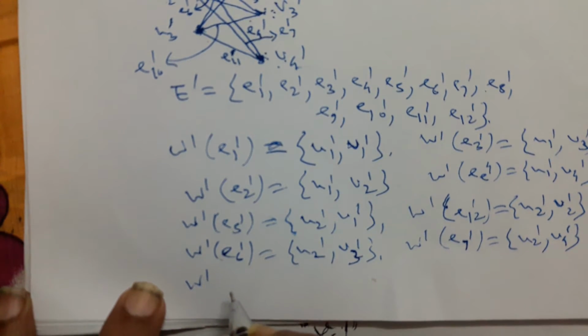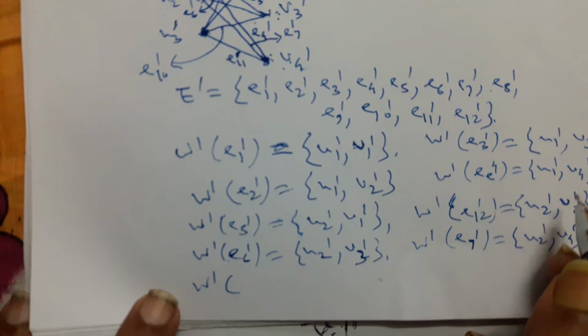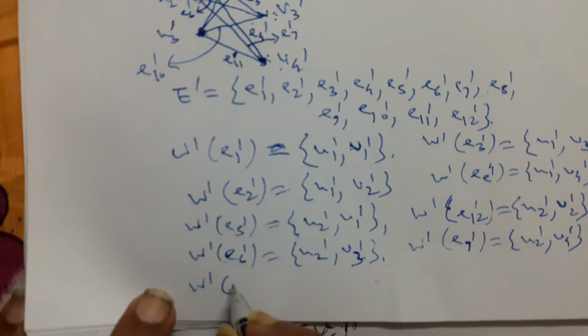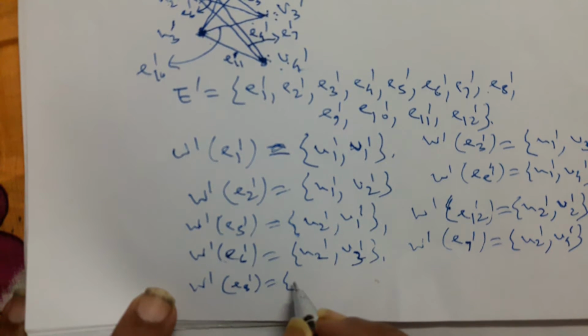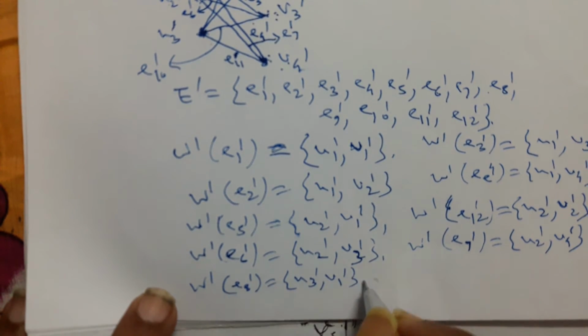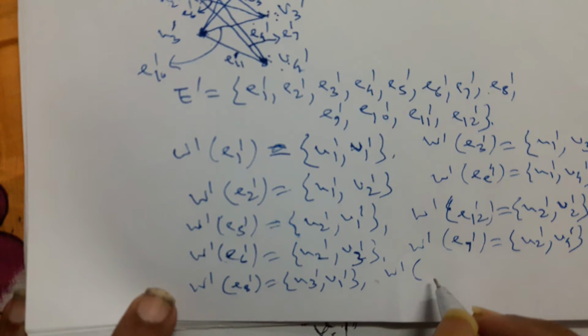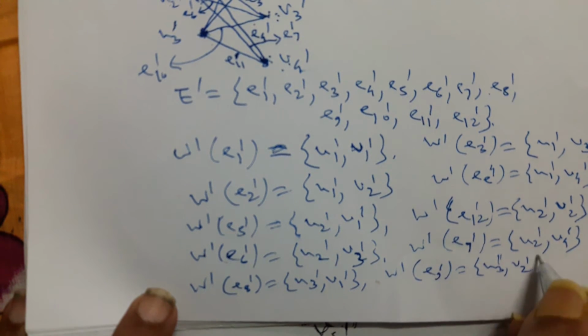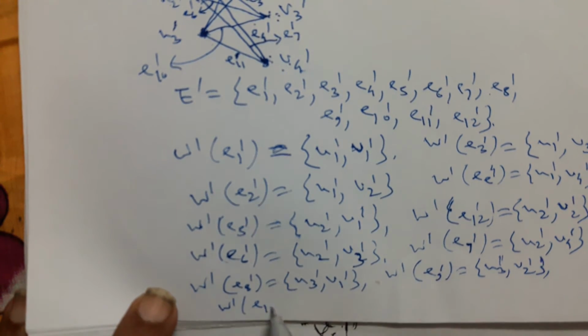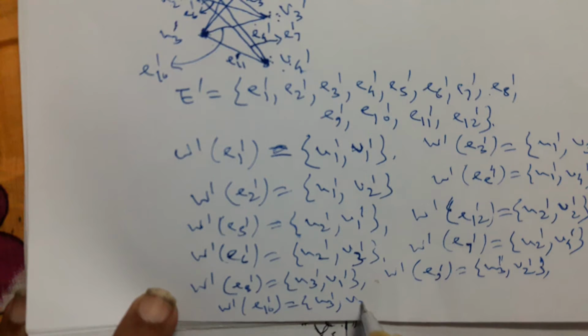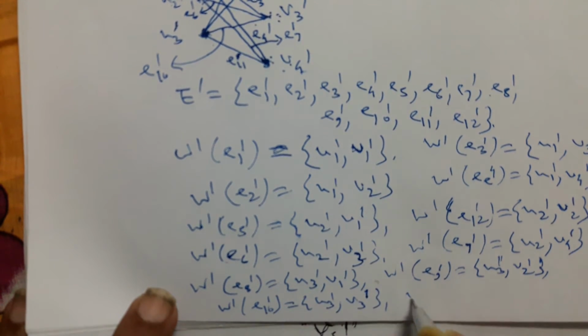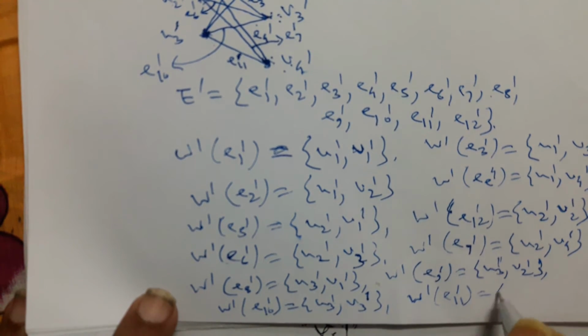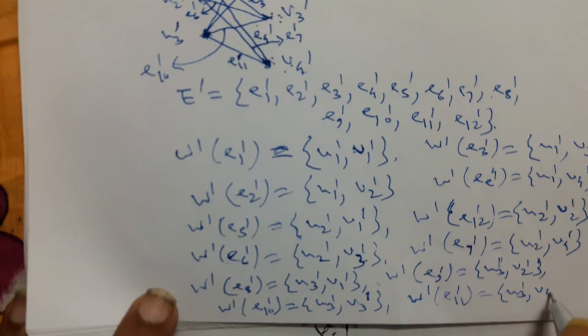Next case is e8 dash, that's connected with u3 dash v1 dash, omega dash connected with e9 dash, that is u3 dash v2 dash, omega dash connected with e10 dash, that is u3 dash v3 dash, and omega dash connected with e11 dash, that is u3 dash and v4 dash.